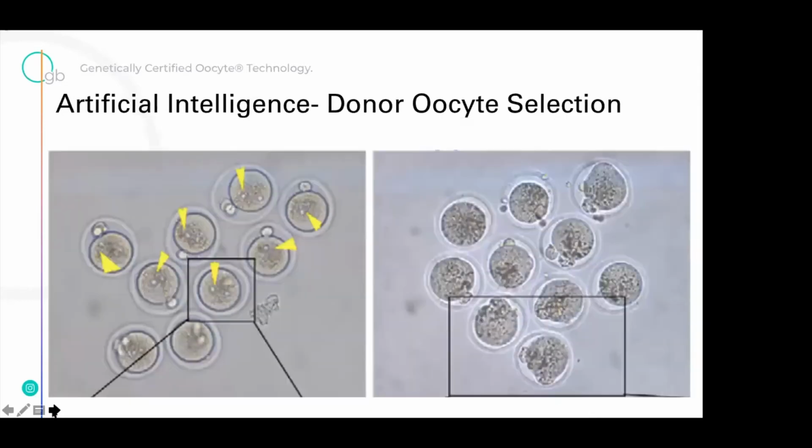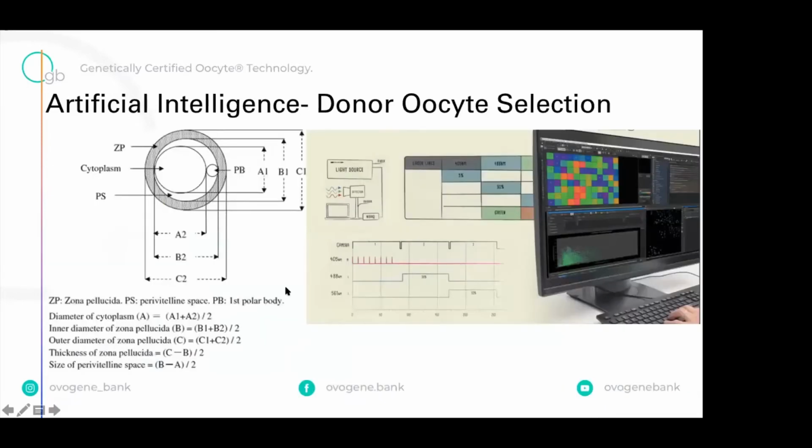As you see, even for a low quality oocyte, when we put it under artificial intelligence, the system will show us the main defect we have, so why we shouldn't choose this oocyte for freezing. The artificial intelligence system calculates, as I said, the Zona Pellucida, cytoplasmic activity, polar body, perivitelline space, outer diameter of the Zona Pellucida, inner diameter of the Zona Pellucida, and also the thickness of the Zona Pellucida is obtained directly by the artificial intelligence.